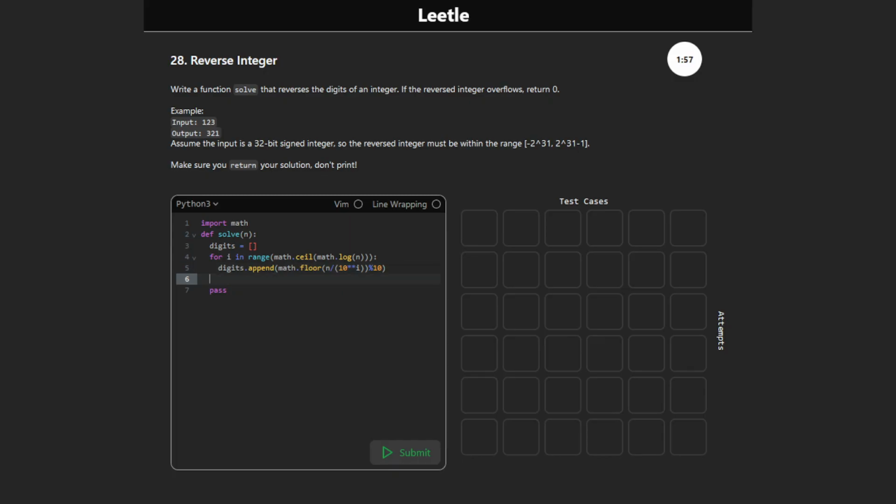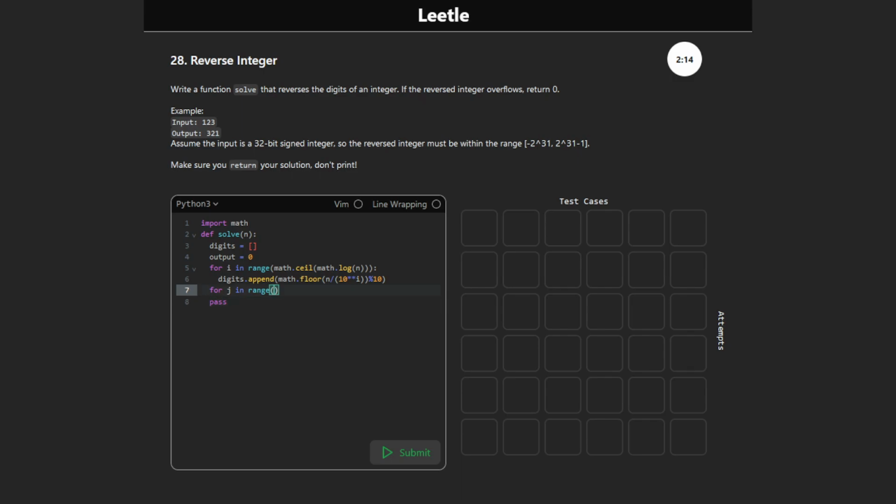Okay, and then for j in range. Alright, so then we're going to have output equals 0.